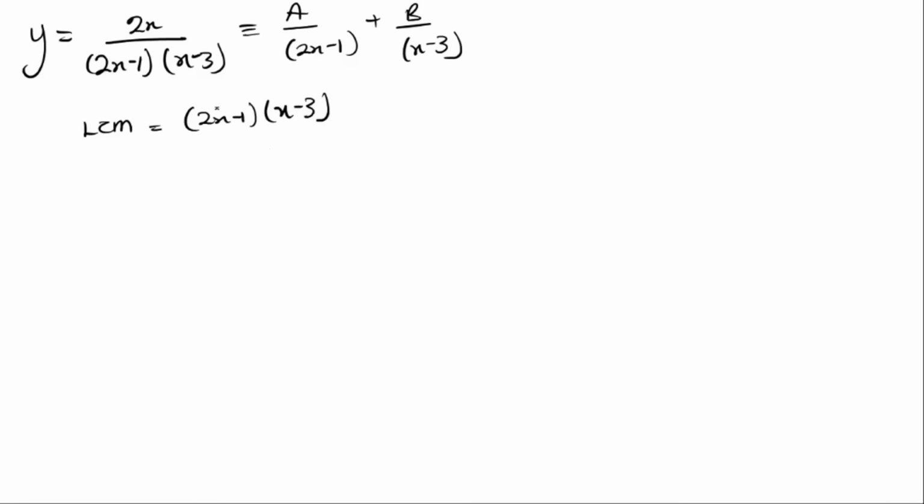So it means this will go here, 1 multiplied by this is now 2x is equal to, this goes here, cancels this, leaving this. So we have a multiplied by (x minus 3), then plus b. This will go here, will cancel this, leaving this. So this now comes and multiplies the b. So we have (2x minus 1) over here.